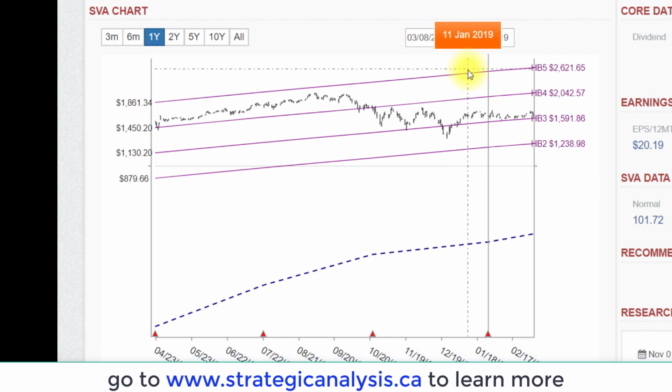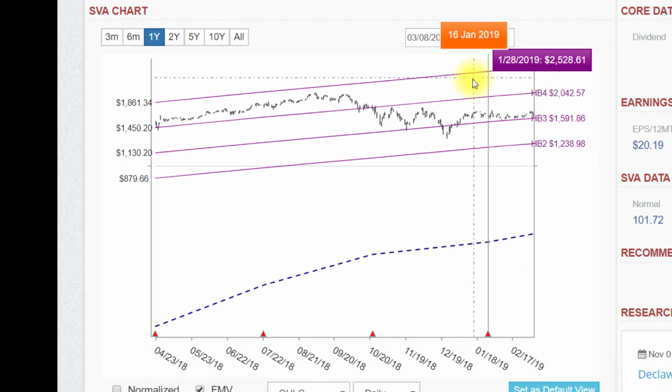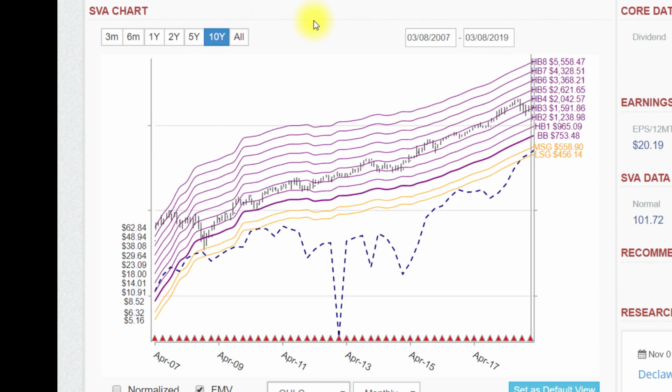However, notice in that strength of the market ever since the bottom, Amazon hasn't been there. It's been just bouncing right along its HB3, which is about 16 times book value. And I suspect, given that action, that this stock wants to go lower. And remember, from that first chart, this would not be the first time that Amazon has had a big fall.